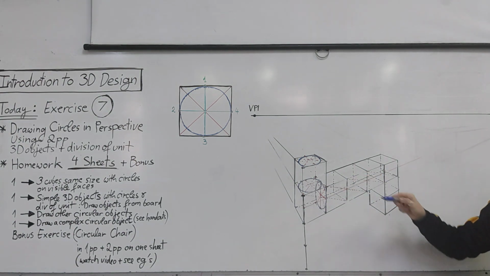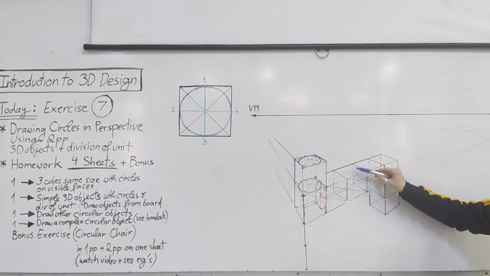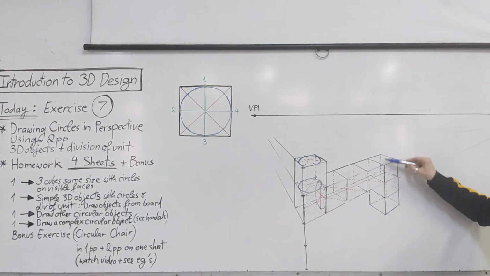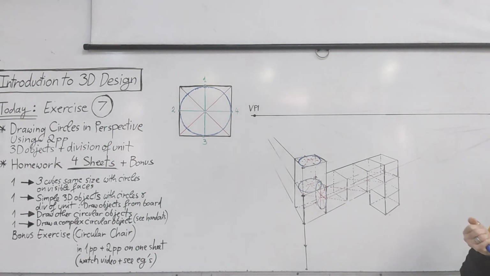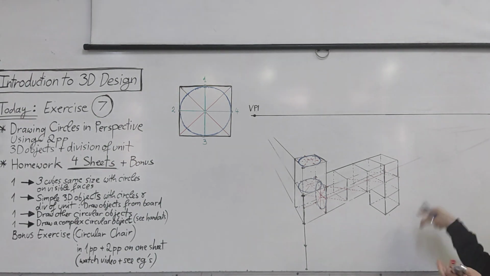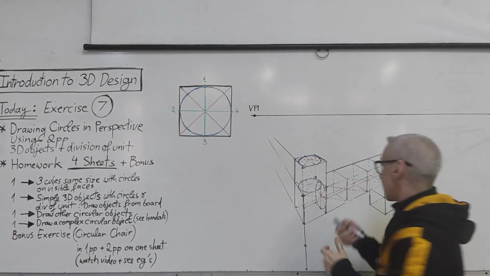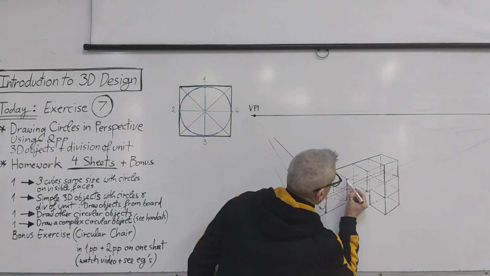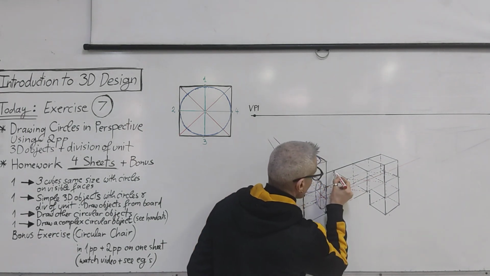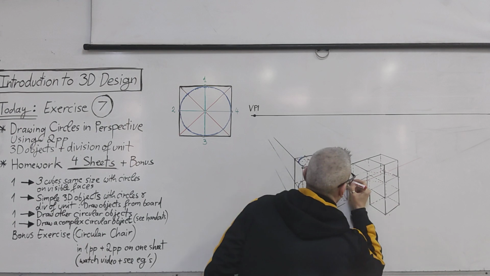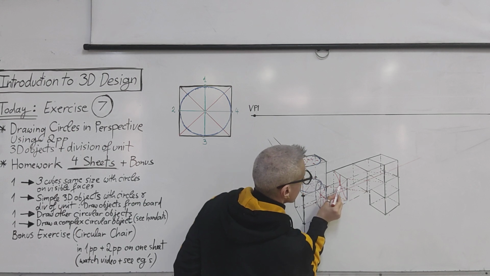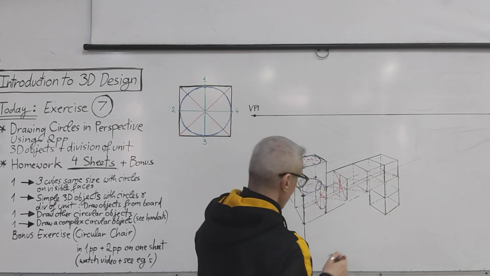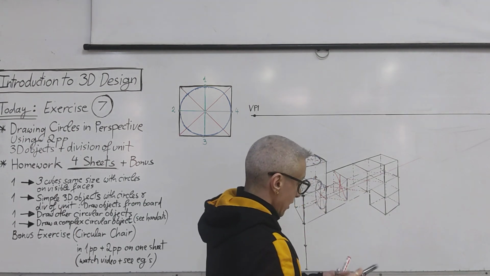Now we will draw another circle in this face, and in this face, and here. All of this will be circles, and the final stage will be connecting them. So, diagonal, diagonal. Straight line passing through the center, and this line passing through the center, going to the vanishing point.